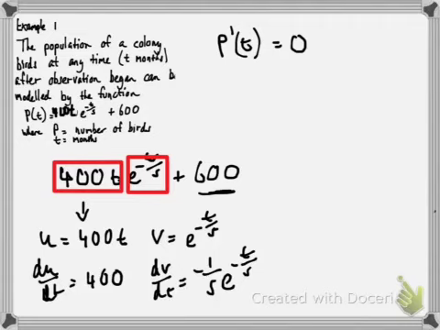Remember, the index doesn't change. So it's u times dv dt plus v times du dt.